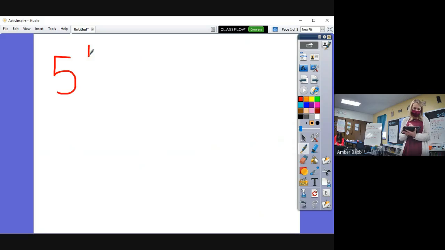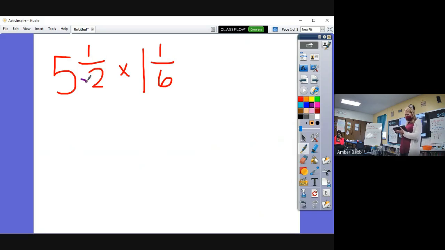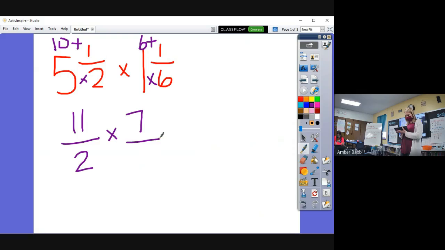All right. Next one, we're doing 5 1/2 times 1 1/6. So first things first, let's change this to improper. 2 times 5 is 10 plus 1. So I have 11 halves. On this side, 6 times 1, 6 plus 1, 7/6.